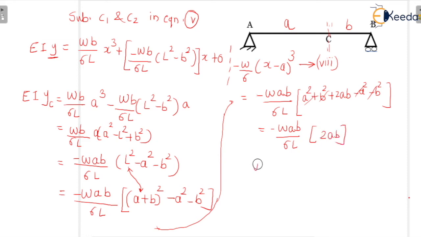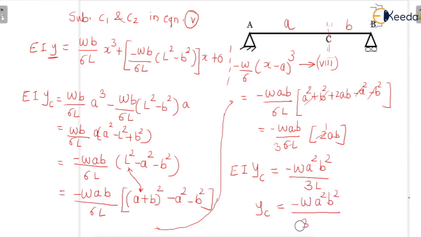So with this, EI goes to this side, and this is EI into YC. We get minus WA square B square by 3 into L. Finally we get YC equal to minus WA square B square divided by 3EI into L. That's how we have arrived at the deflection at point C.